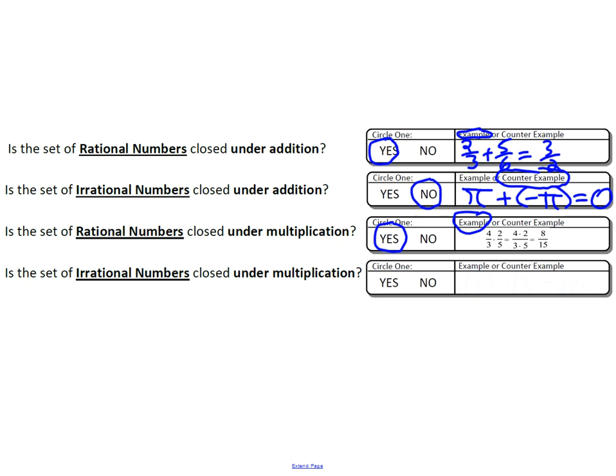Well, let me try to multiply some irrational numbers down here. Just going to come up with one here. Let's see, √3 times √5. All I do is multiply the radicands, and I'm going to get √15. Okay, that's an irrational times an irrational is equal to an irrational. So is it closed? No, not closed.